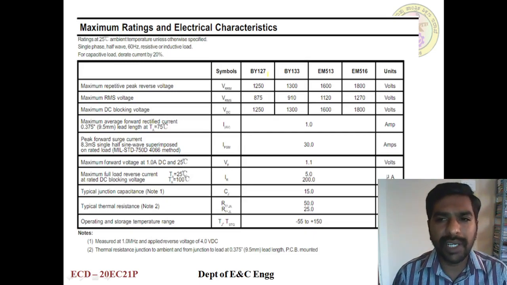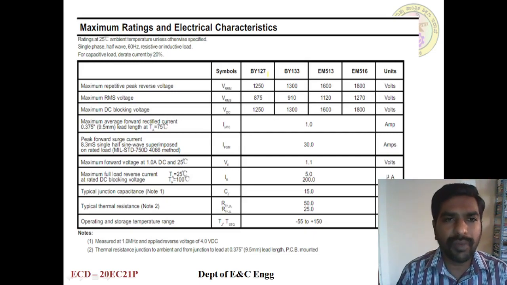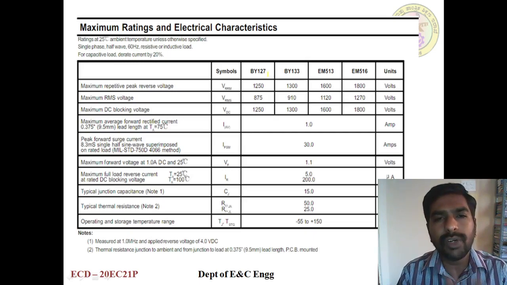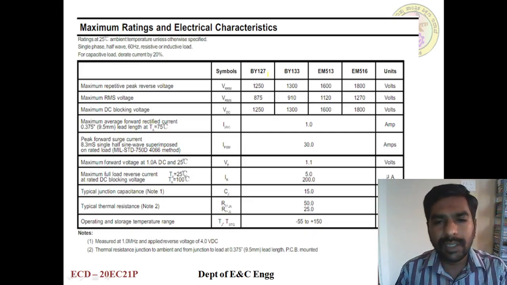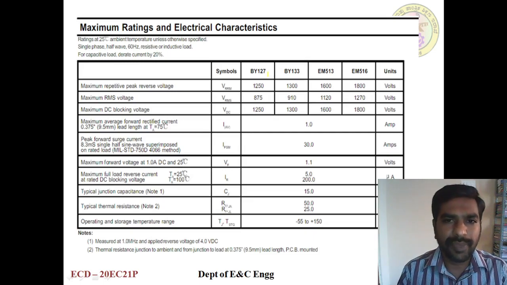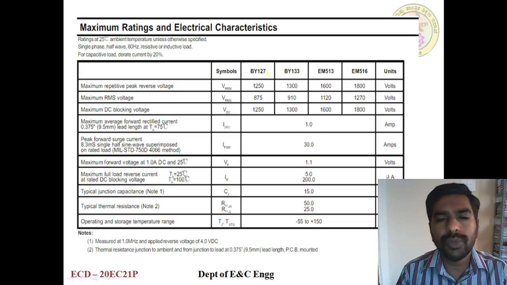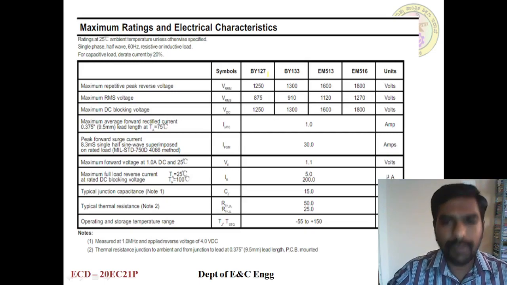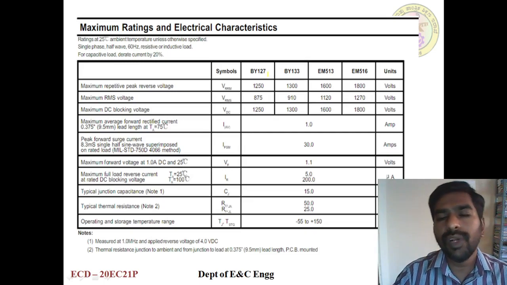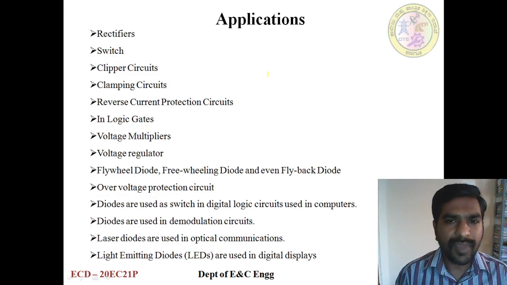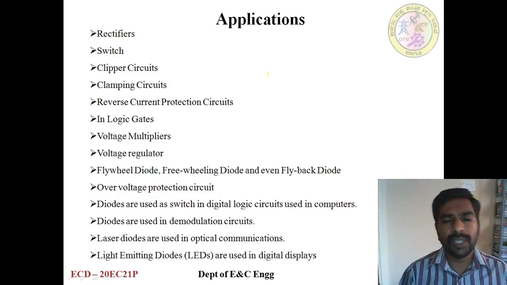We will have a detailed explanation in a coming video, but you should know each diode is manufactured by some company, and that company provides information in a data sheet. If you open a data sheet, you will see all this information. This is needed for circuit design, and this is very important. Based on this only we are going to design a circuit, and the application where we are going to use these diodes.